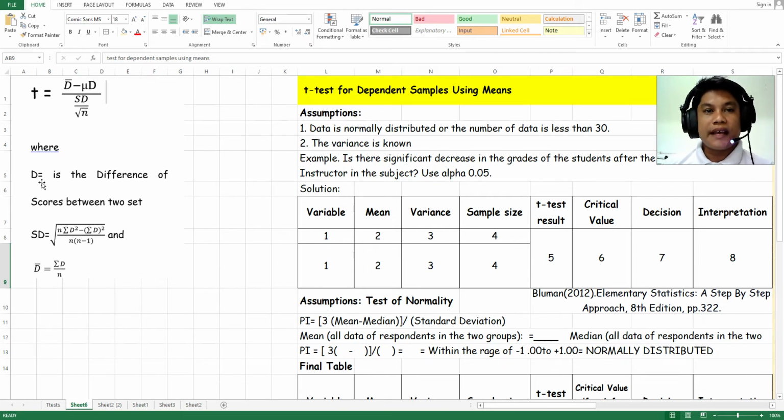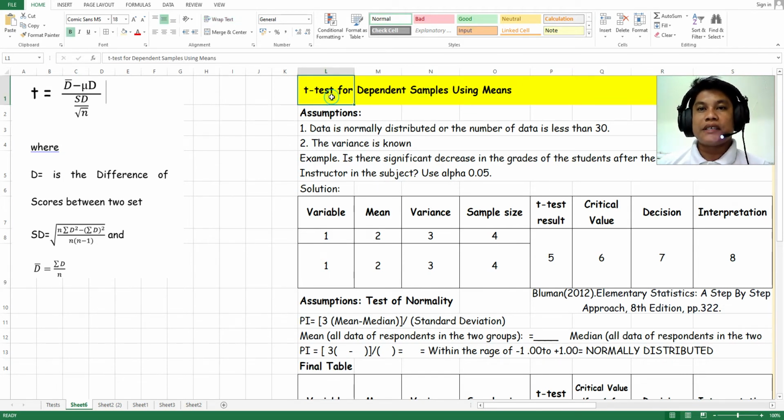So you have to understand again that d is the difference of the scores between the two sets, and the sd is the standard deviation, and the formula is the square root of n times summation of d squared minus summation of d, squared, all over n times n minus 1. This is the formula for the standard deviation if you do that manually. And then d bar is again the average of the differences. So you get the sum of the differences, and then you divide it by how many respondents are under study.